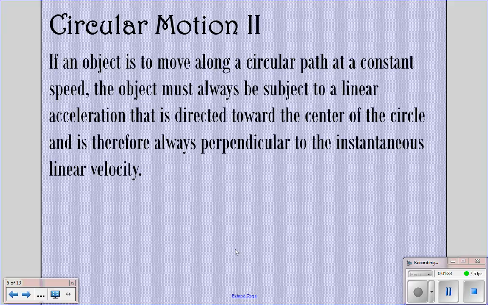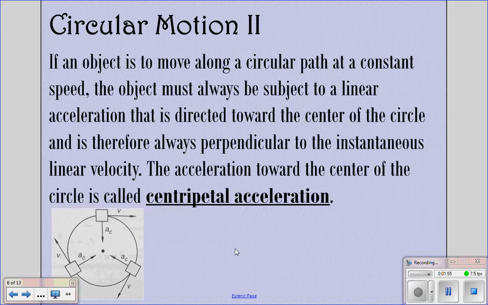So it's not a constant velocity because the velocity is changing. If it's moving at a constant speed, your speedometer on your car would be at the same number the whole time. That acceleration is directed towards the center of the circle.